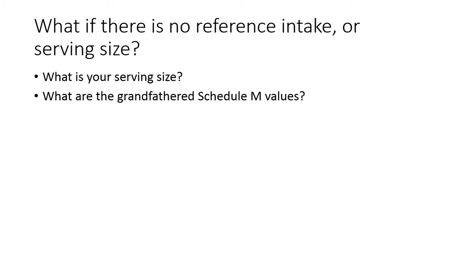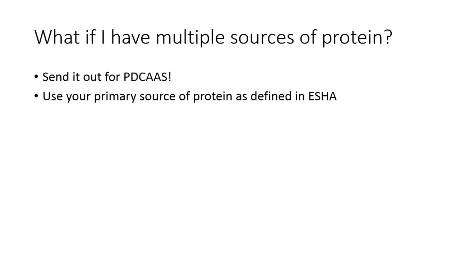So what happens if there's no reference intake or serving size? You've got to go back to defining what your serving size is based off of your packaged good. In some cases, you can go back to the grandfathered Schedule M value. However, we know that with Safe Food for Canadians Act coming into play, those Schedule M values may be completely eliminated before long.